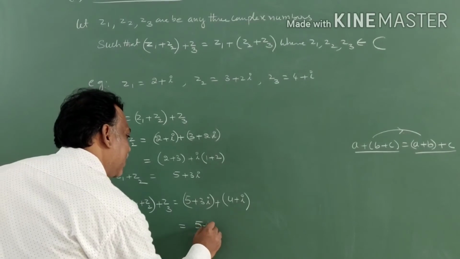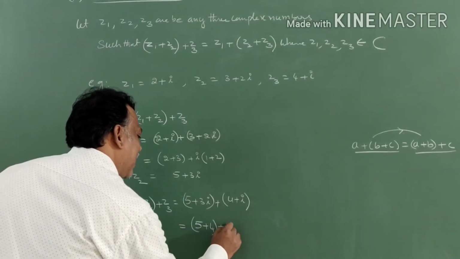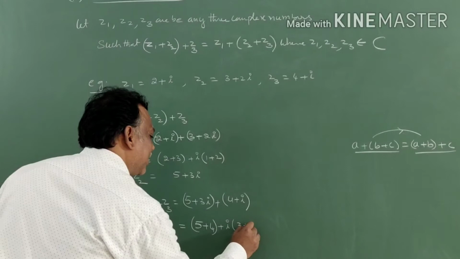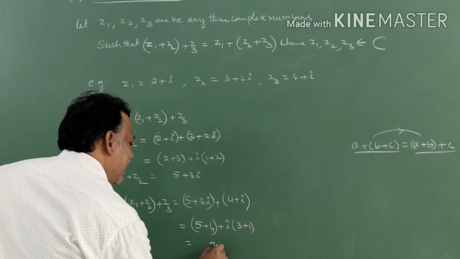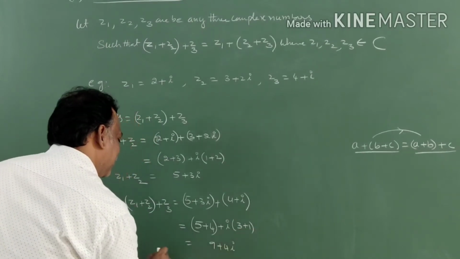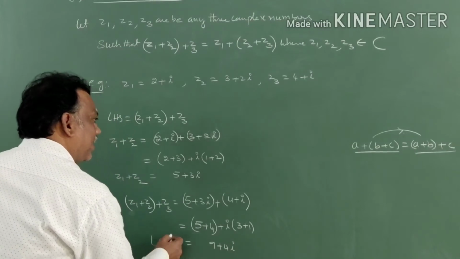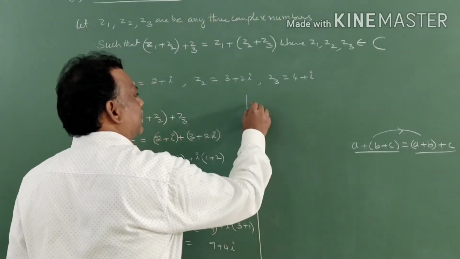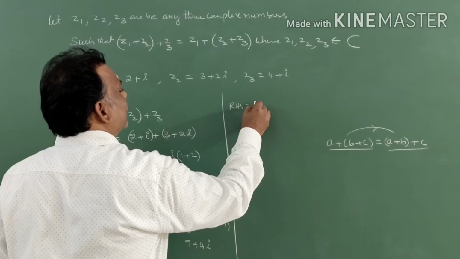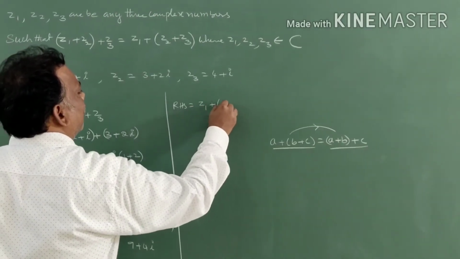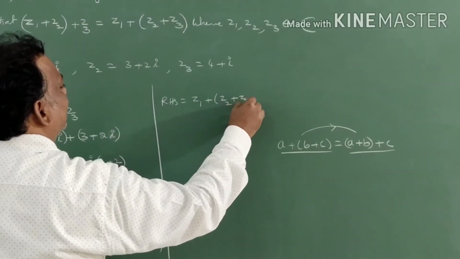The real parts are 5 plus 4, plus i times the imaginary parts, 3 plus 1. You will get 9 plus 4i. This is the LHS. Now we have to check the RHS. What is the RHS? Z1 plus of Z2 plus Z3.